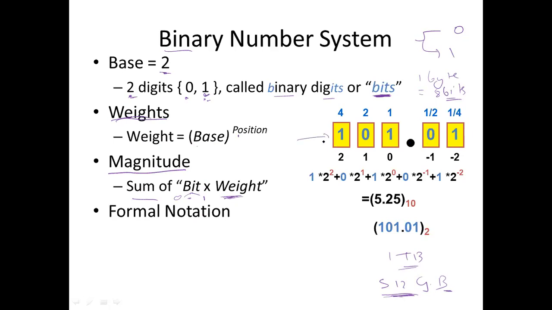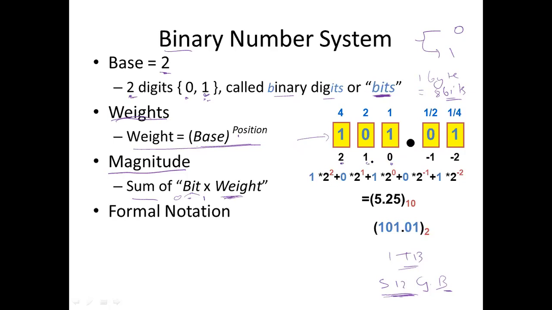101.01, this number is given, this is in binary number system. Okay, and the position is again defined in the similar manner, 0 1 2, that is on the left hand side of the decimal, and -1 -2, that is on the right hand side of the decimal. If we follow this formula, weight is equal to base to the power position.